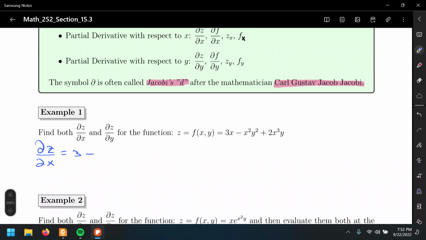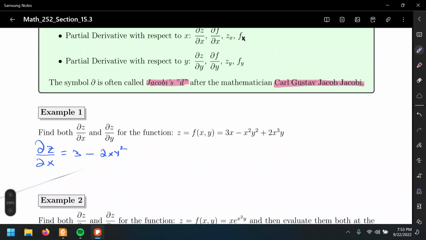Minus, be careful, because in this case, since we are differentiating with respect to x, everything else will remain constant. So we are differentiating x squared times a constant, so we really differentiate the 2x y squared. It's the same as differentiating 3x, which is a constant times x. So we differentiate the x and we keep everything else constant.